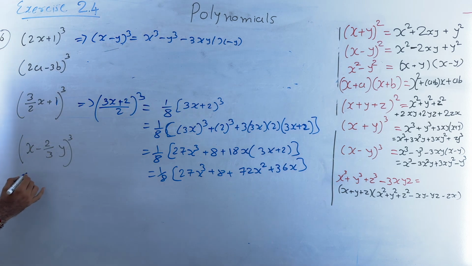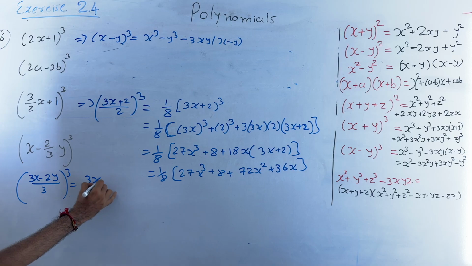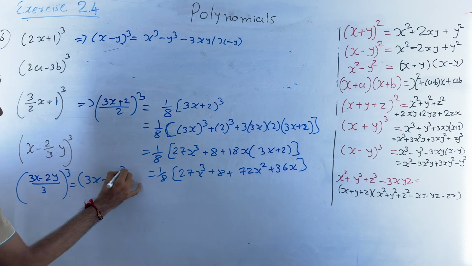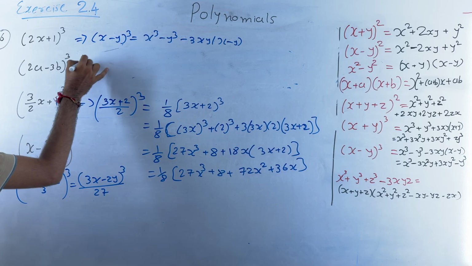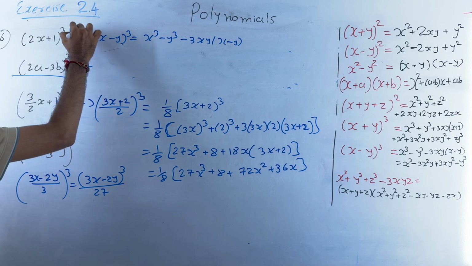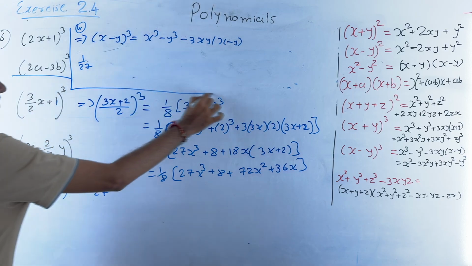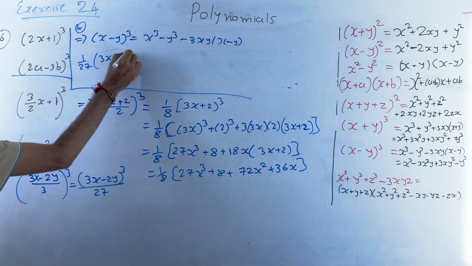If I simplify this, my question will be (3x minus 2y) divided by 3 cube. That will look like (3x minus 2y) cube divided by 27. So I can write here 1 by 27. This is the fourth one, right? So 1 by 27 in the bracket (3x minus 2y) cube.